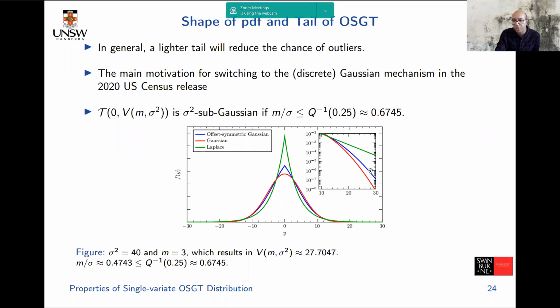So it means OSGT has a lighter tail than the Laplace distribution, but a heavier tail than the Gaussian distribution. But this heavier tail of OSGT than the Gaussian distribution can be justified later on, because it in fact gives us better performance.